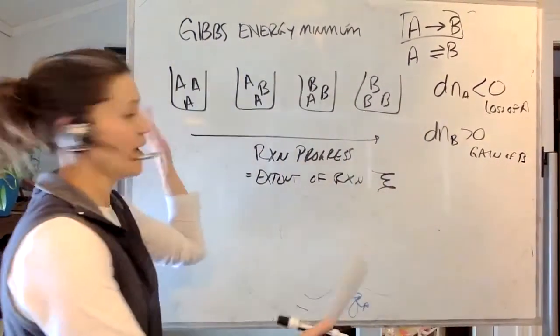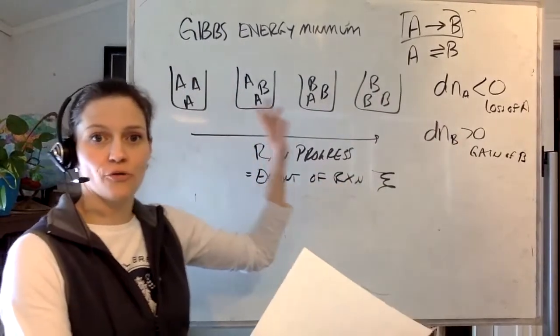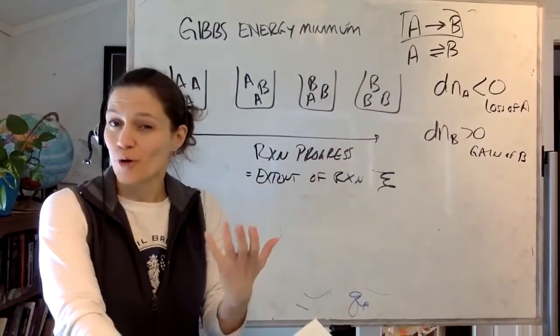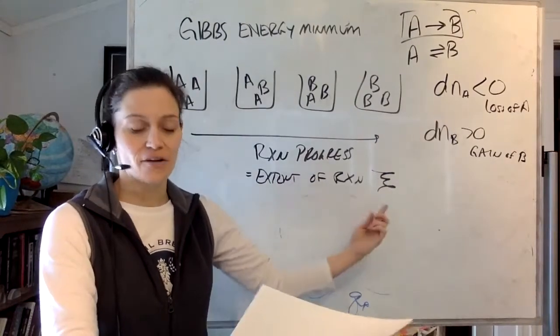So we're losing A as we go forward in the reaction, and we're gaining B as we go forward in the reaction. And so that forward parameter we can call the extent of the reaction.